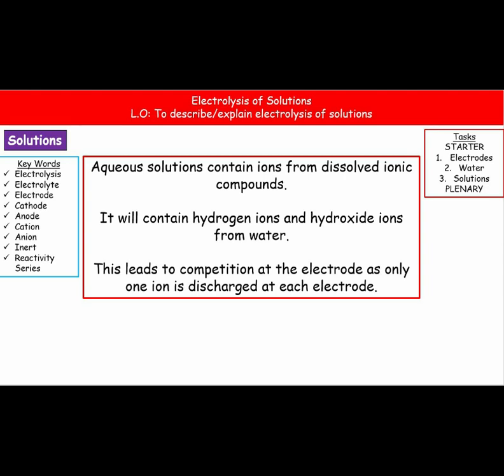So we've actually got competition at those electrodes because we will only discharge one ion at each electrode. And in this situation where we've got an aqueous solution, there's two competing ions there. So what we need to do is work out how we can then describe what's going to be made there. So make sure you've got those points written down. I'll just give you another 10 seconds in case you haven't got them yet.